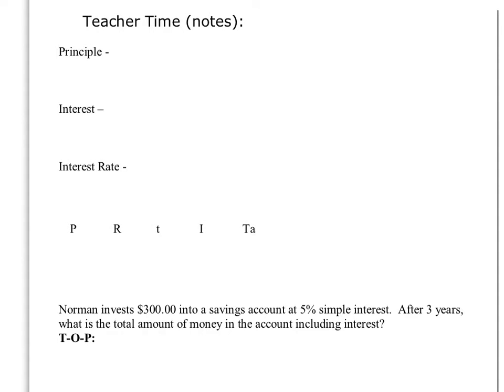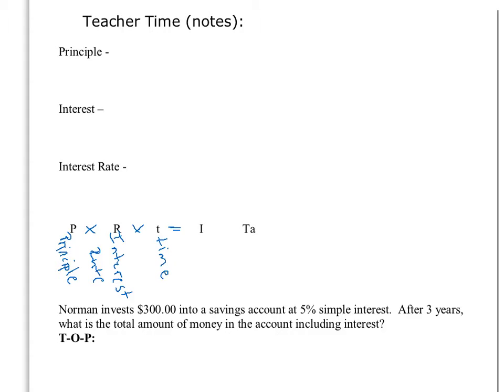We're going to be talking about simple interest. The interest equation, before we get to really talking about what the different parts are and what they mean, is P times R times T equals I, where P is the principal. We're going to talk about what that means here in a second. R is the interest rate. And T is the time.